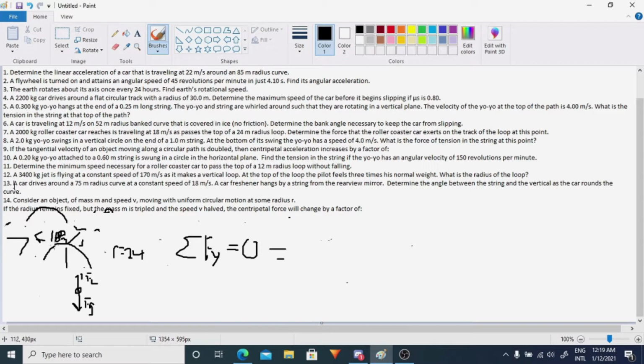And actually, the track is going to be pushing a normal force downwards on the car as well. So that means it's going to be force centripetal minus the normal force minus the force due to gravity.